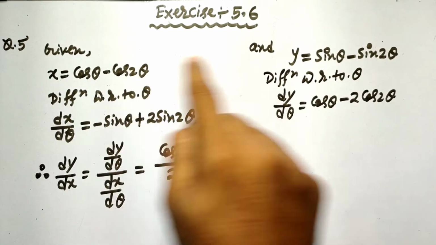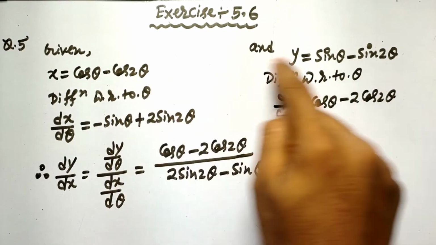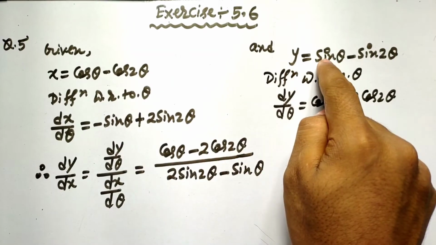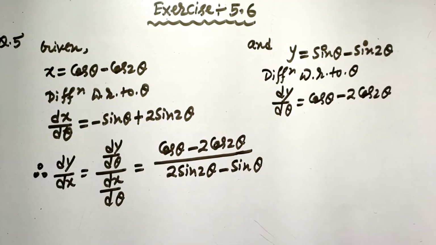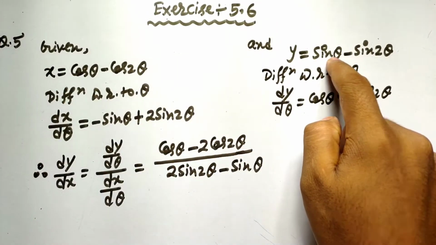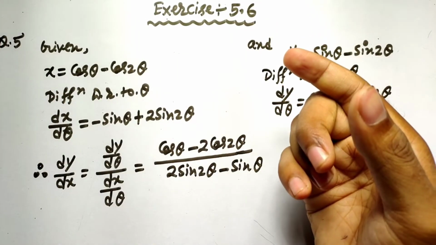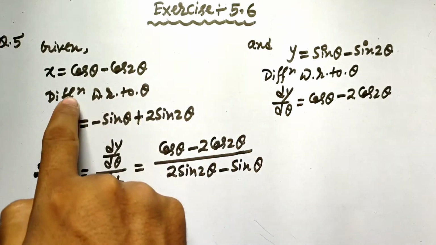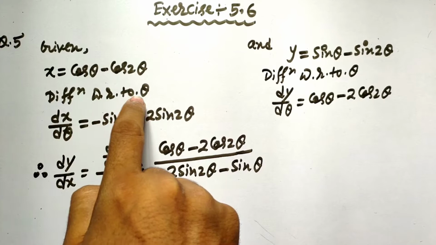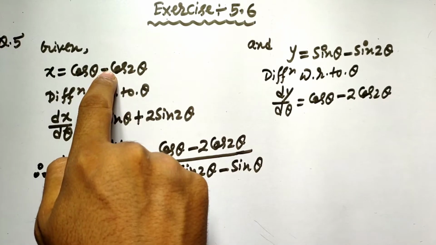Tell me what is the common variable between these equations? Clearly theta is common here, so theta is called the parameter. So you have to differentiate both equations with respect to the parameter. So theta is the parameter here, so now differentiate with respect to theta.